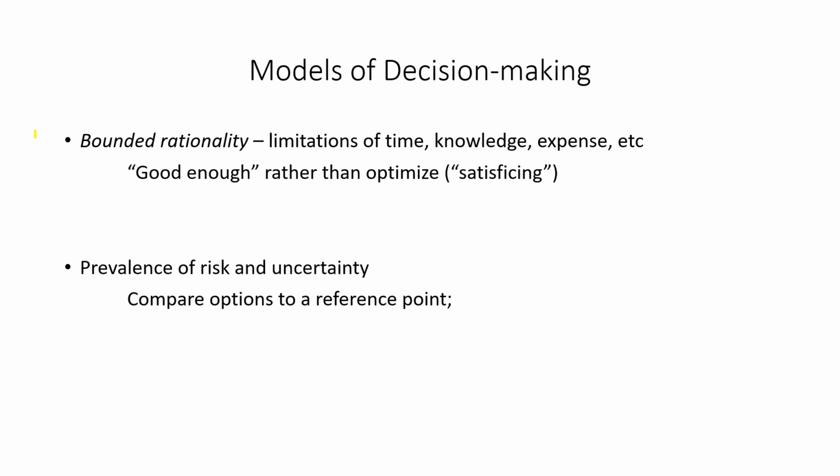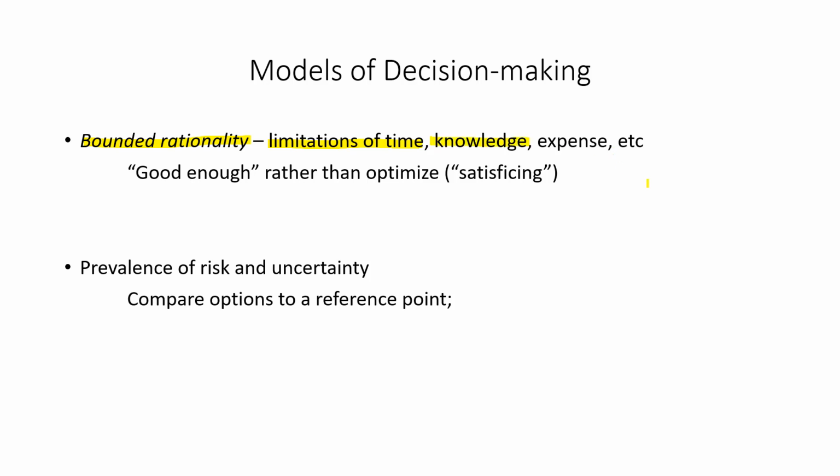The concept of bounded rationality is a way of explaining how rational choice may be used in reality. This was actually a Nobel Prize winning idea that talks about how our decision making is subject to lots of limitations, time limitations.